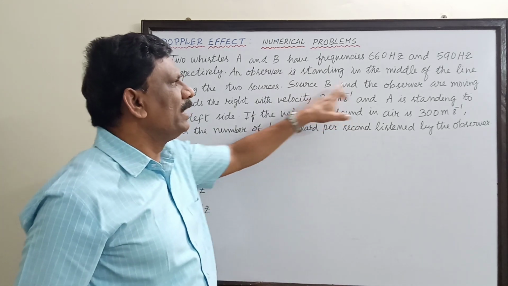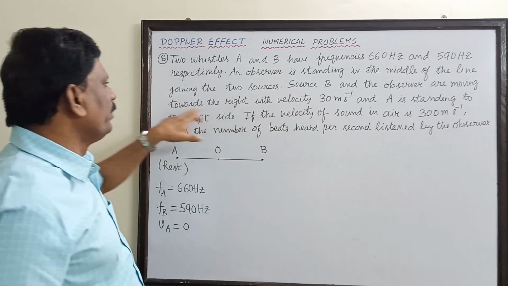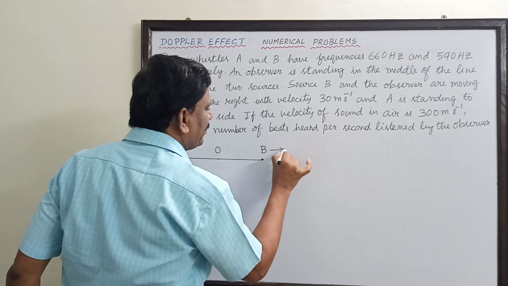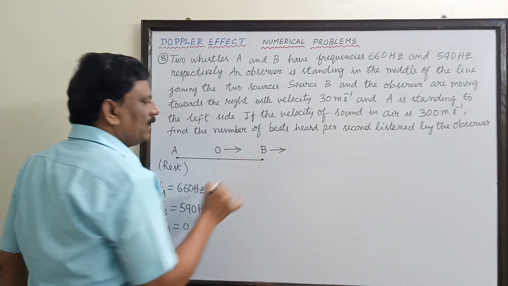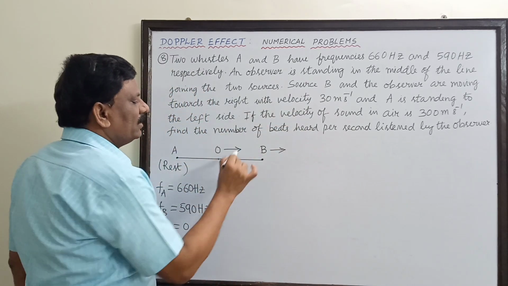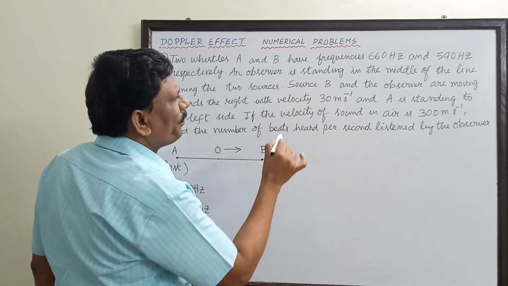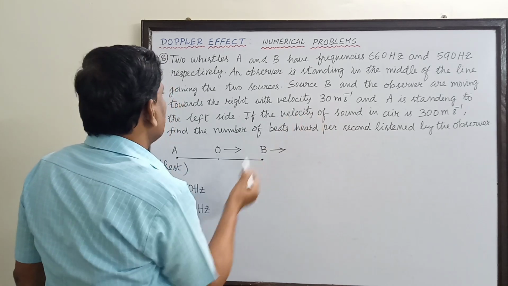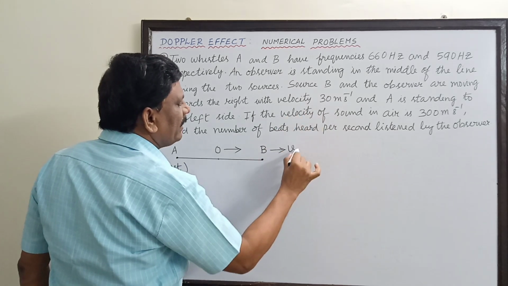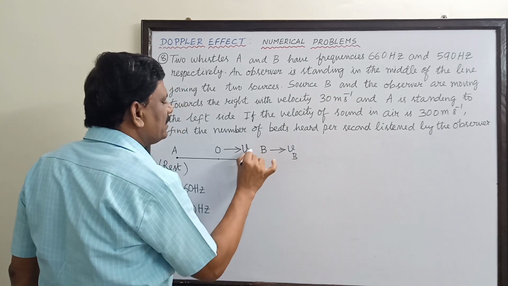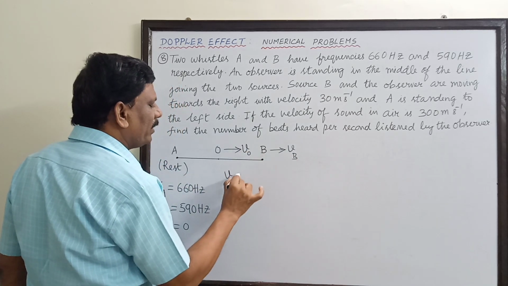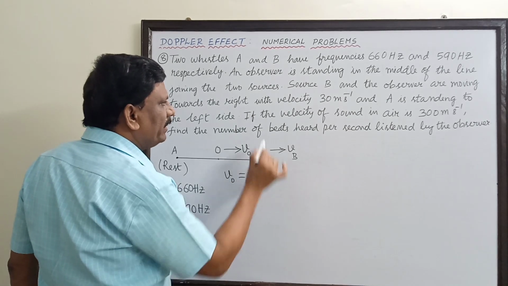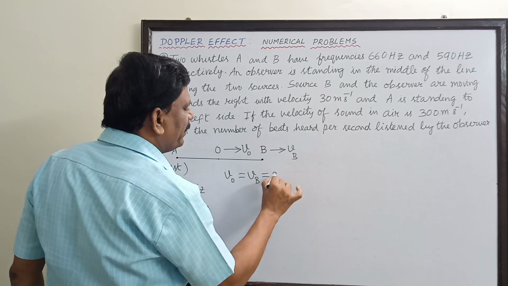Now B and the observer both are moving towards the right. I will take the right side as the positive x direction. The velocity of the observer as well as the source B is 30, so VO equal to VB equal to 30 meters per second.